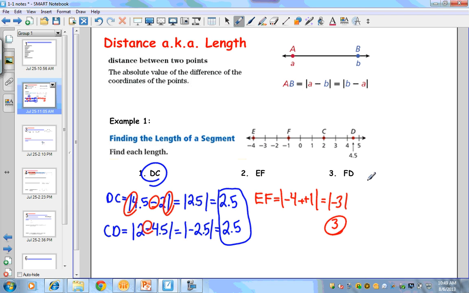Now, for problem number 3, F and D, since I'm running out of room, I'll write it right here. You have negative 1 minus 4.5. Well, when I subtract, I get negative 5.5, which ends up being positive 5.5. Let's move on.